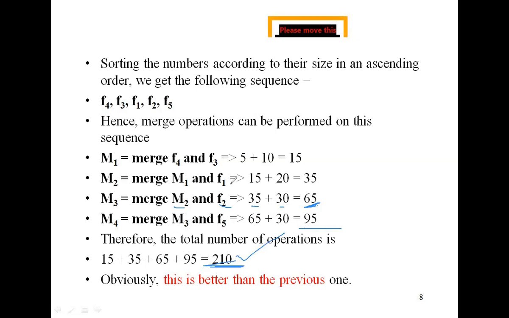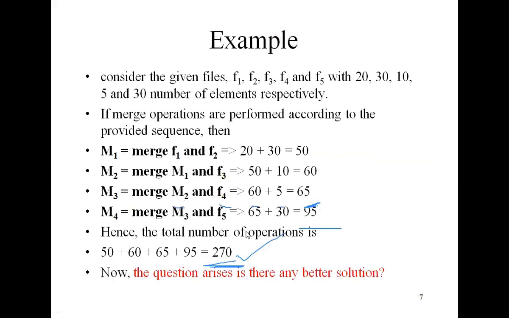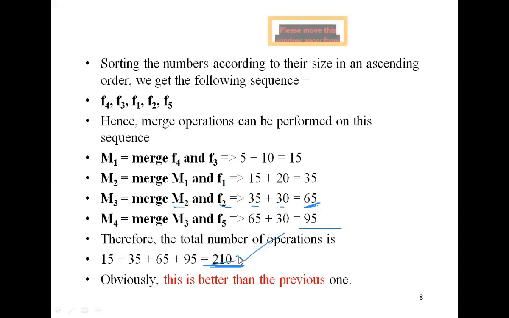Check the previous one. In the previous case, we had the value 270. Now we have the value 210. So compare these two. The cost of 210 moves of records is less than 270.